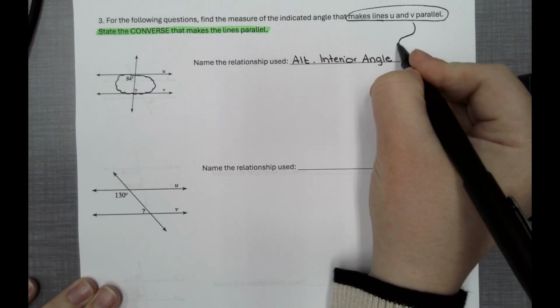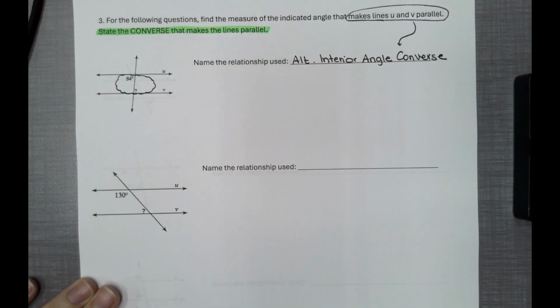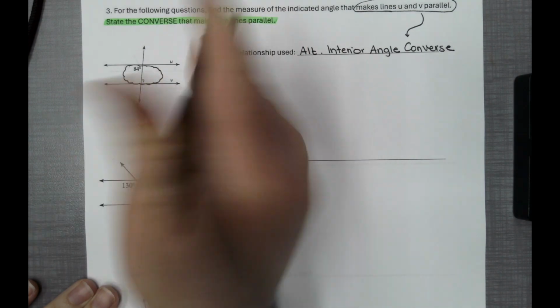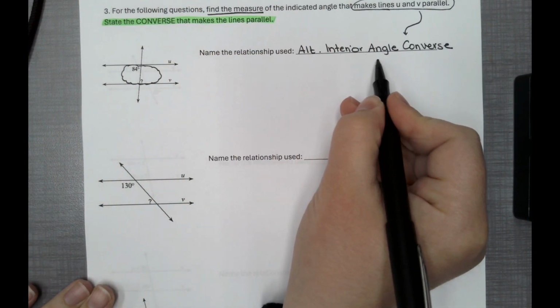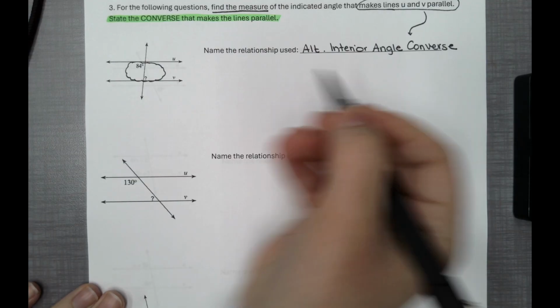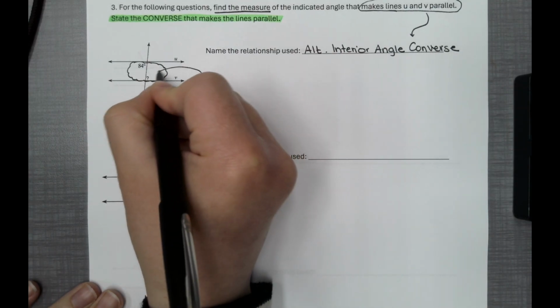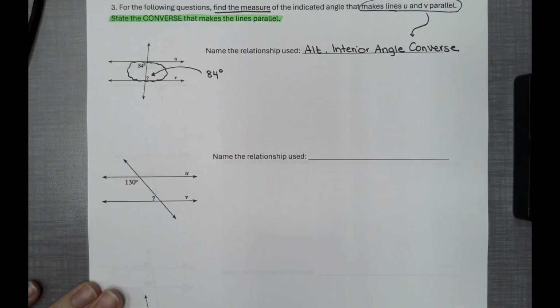So that means that we are going to write the word converse. Now it's also asking us to find the measure. Well, what does it mean for alternate interior angles? Alternate interior angles are congruent. So to make these lines U and V parallel, this angle right here also needs to be equal in measure.